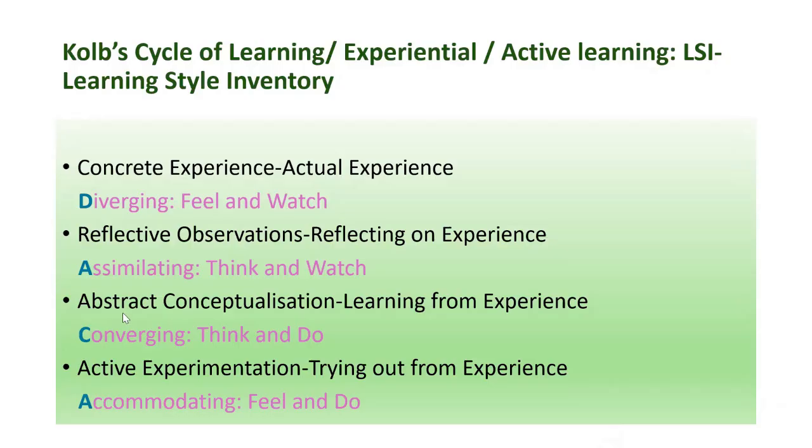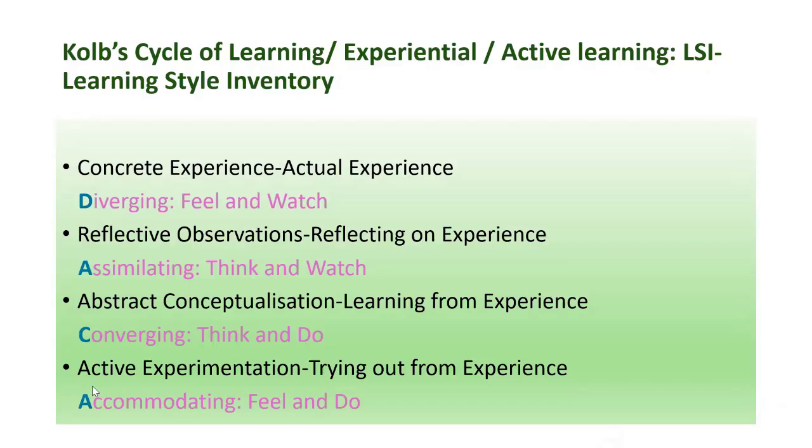Third one is abstract conceptualization. It is nothing but learning from experience. Remember, we always learn from experience. We think about the past. What did I do correctly? What did I do wrong? And then we come to consolidation. Now I will go ahead in this way with my experience. I learned these particular things from experience and I'll go ahead accordingly.